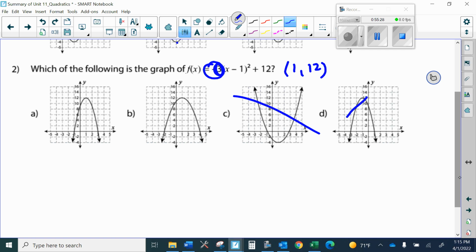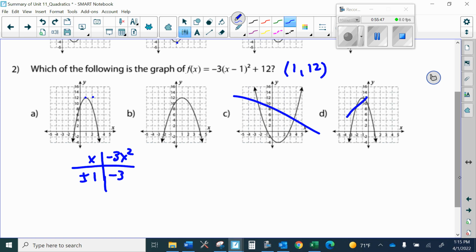Not wider. So when I go to the right one, if I had x and then negative 3x squared, remember that's going to be the shape of the graph because the a is negative 3. If I went plus or minus 1, I plug that in there, I get down 3. So if I go right 1, that goes to 2.